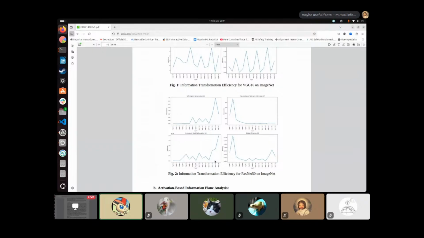I guess it will be interesting to see the same ResNet architecture training on different datasets. Maybe it's just kind of random, and this is not a very useful metric, or it says something about what the model is doing, but it doesn't depend that much on the architecture. I have no idea.